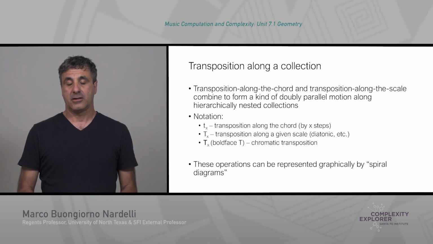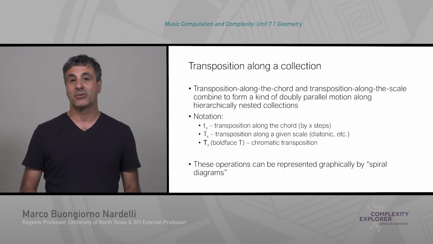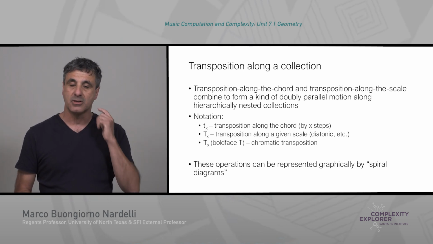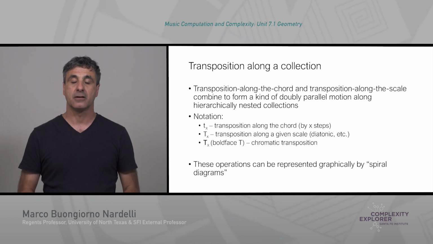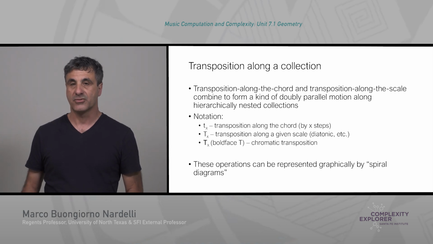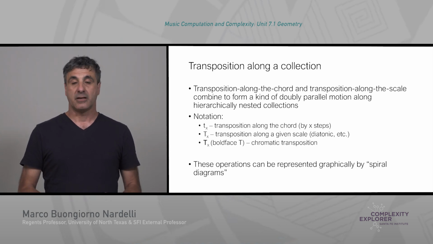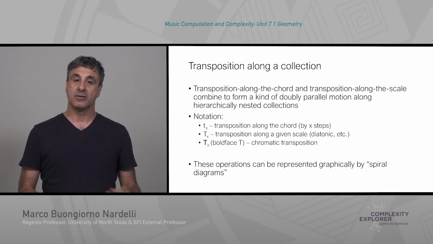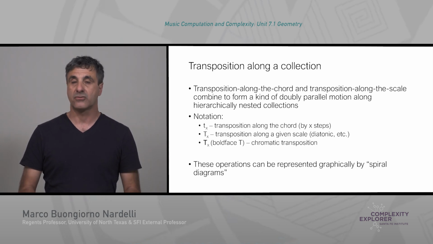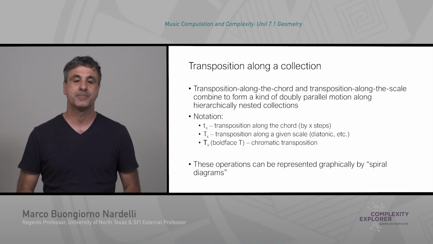So let's formalize this double transposition idea in terms of notations and operations. Here I introduce three different operators. Lowercase Tx is a transposition along the chord by a certain number of steps. I refer here to the lecture on harmony, where I explain briefly what it means to do a transposition along a chord.